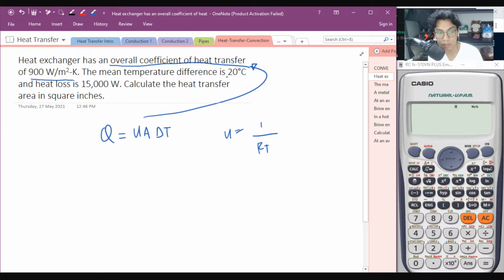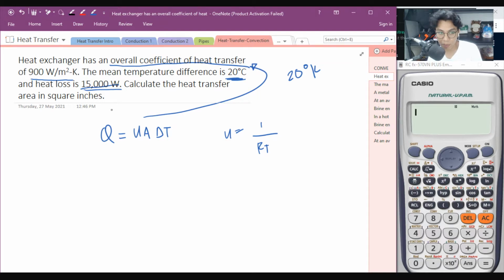Okay. The mean temperature difference, ibig sabihin, pwede ring maging delta niya, or delta niya mismo yan. 20 degree Kelvin yung naging difference. And the energy that is lost, or heat energy that is lost, is 15,000 watts. What is asked? Calculate the heat transfer area in square inches.